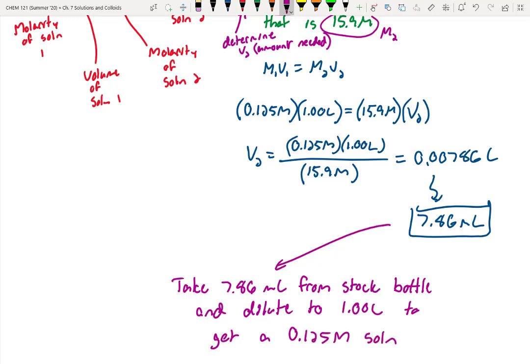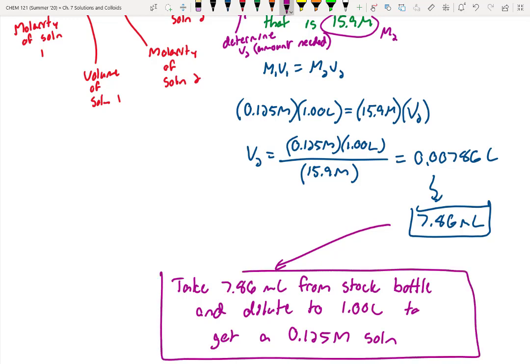So this is a handy trick, especially if you're in a lab setting. The main thing to remember is you want to make sure that your units cancel out correctly. So in this case, molarity and molarity cancel out correctly, and we're left with liters behind. And then in the last step, I did a separate conversion. All right, I hope that helps, but let me know if you have any questions.